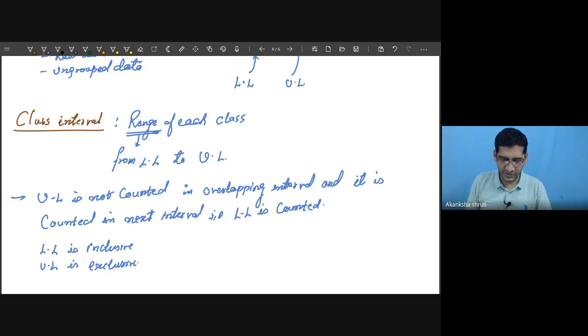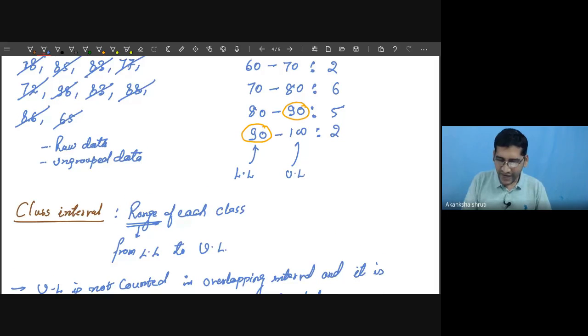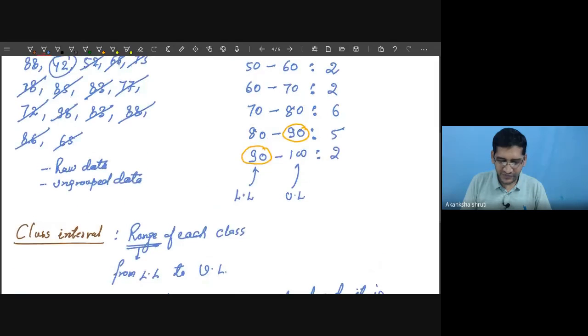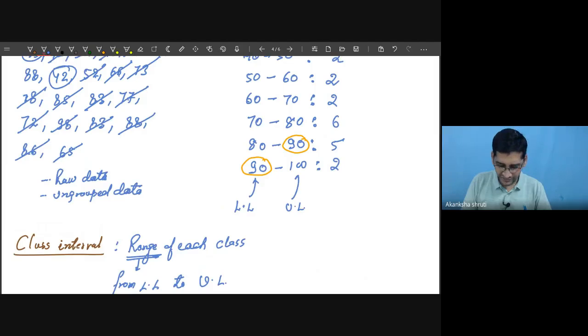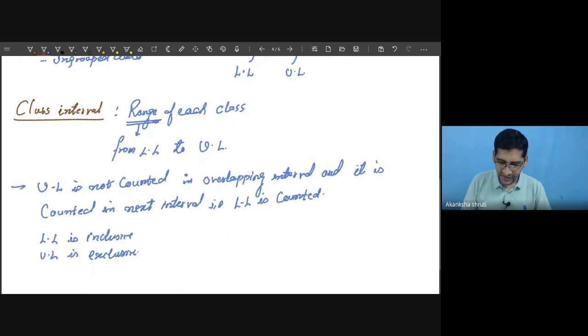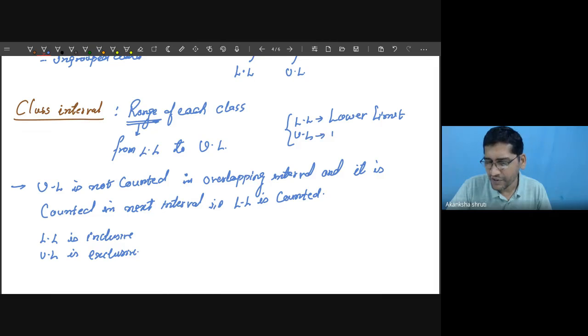For example, we may add a few more data or change the data here, and then we will understand this. Student, here LL means lower limit. Many a time students miss this. And UL indicates upper limit. These are the limits for different classes.